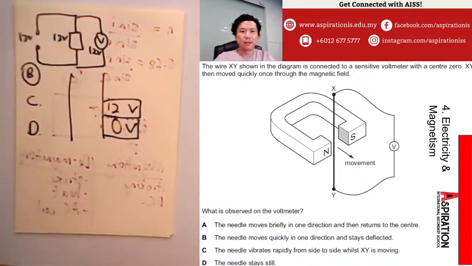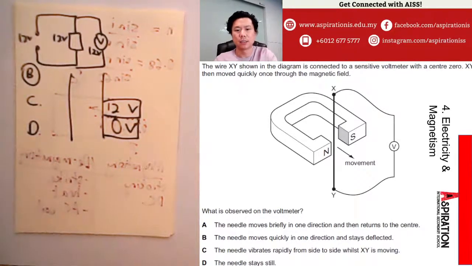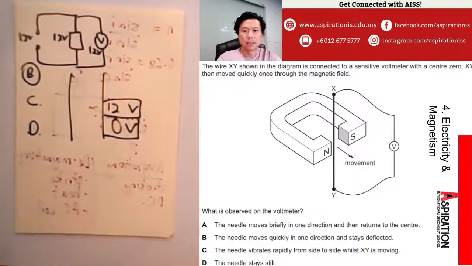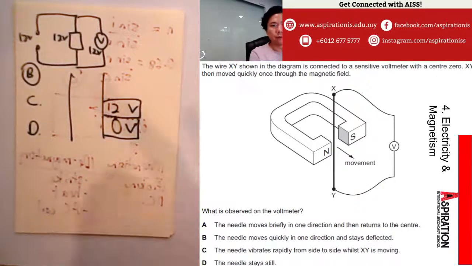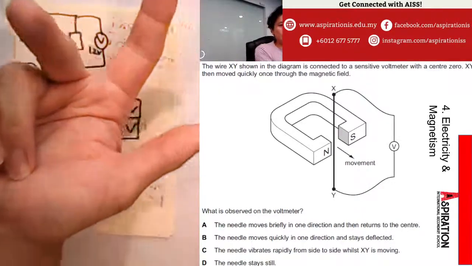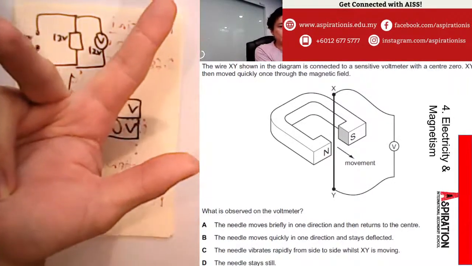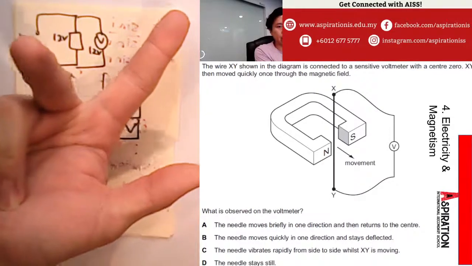The answer is B, because we use Fleming's right hand rule. So for induced current, we use Fleming's right hand rule. First of all, you have your right hand, right?